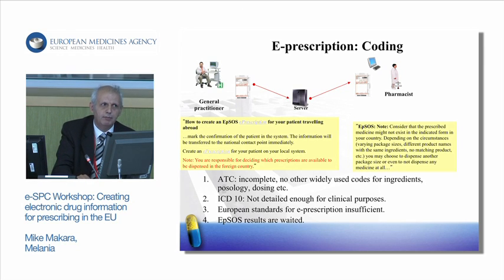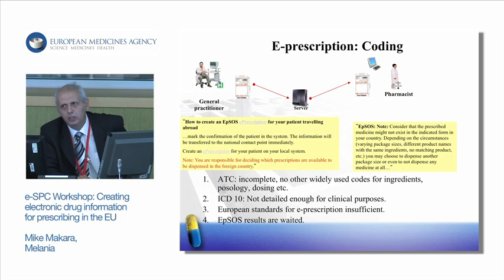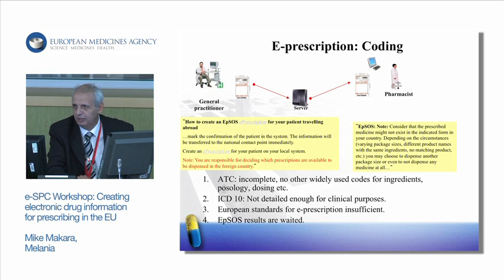There were many questions about coding, and when you have an e-prescription, the first question is coding of each piece of information in the prescription. The problem is there are no international or European-wide codes. So if I could have one wish, my wish would be codes, please. Codes for drugs, codes for diseases, codes for pathology, and so on.